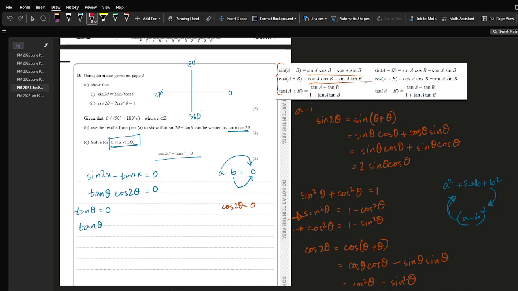It starts here without 0 and goes up until 360, not equal to 360. So tan theta is 0 right at this point and this point. Sine is also 0 here and cosine is 0 here and here. So if you don't know this, just put it on the calculator.